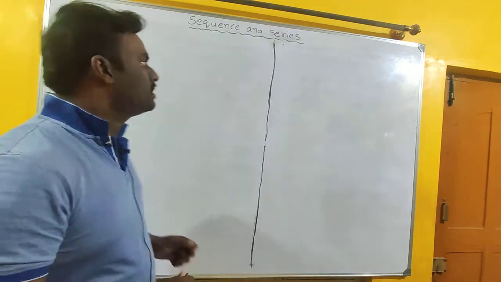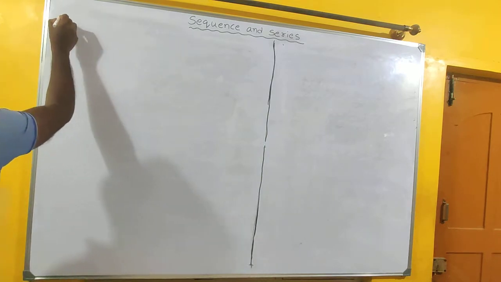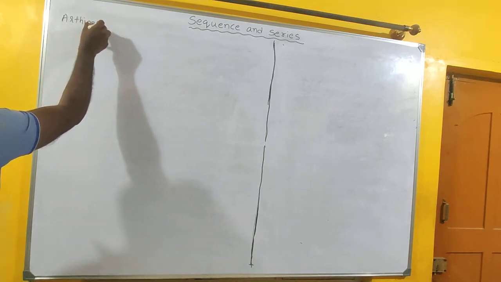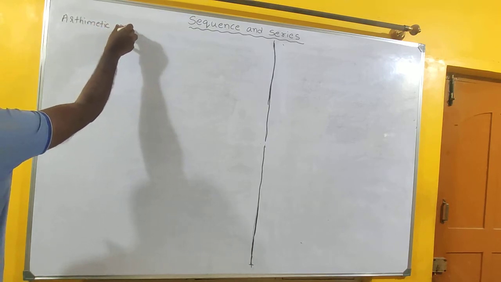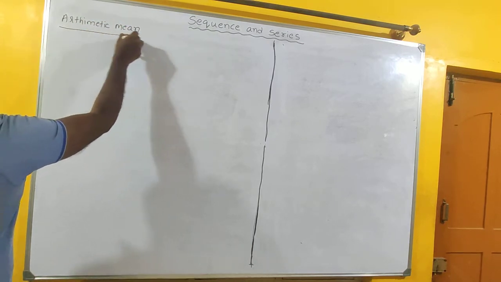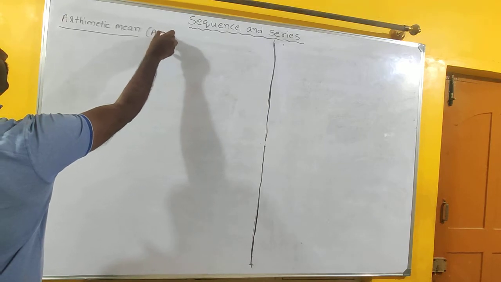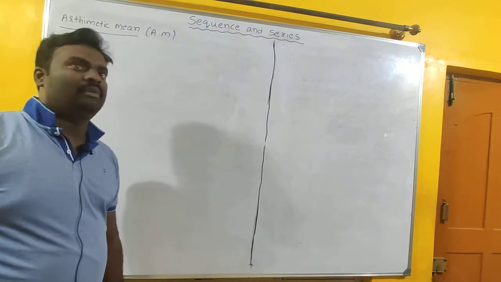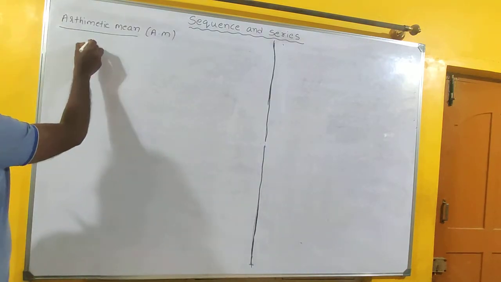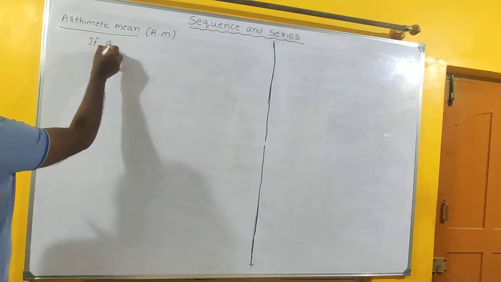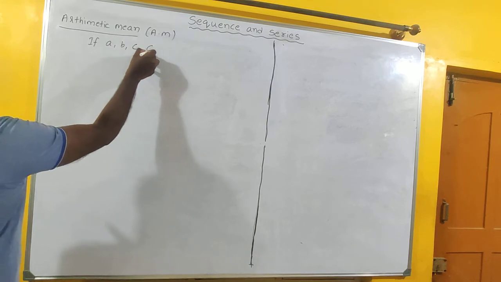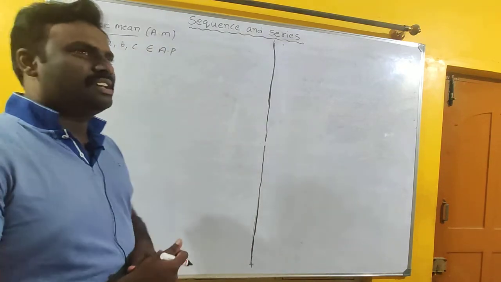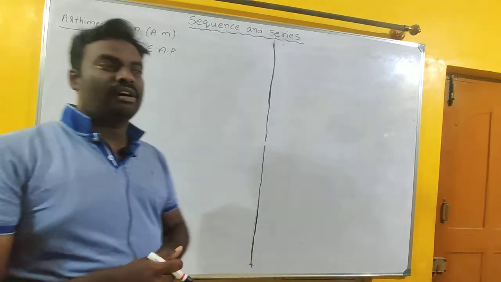Now we'll discuss the concept of arithmetic mean. This is called AM and is denoted by capital A. What is arithmetic mean? If three numbers A, B, C belong to AP, it maintains a common difference.